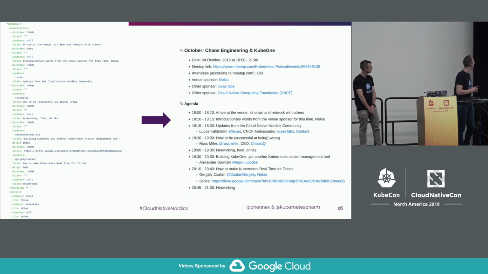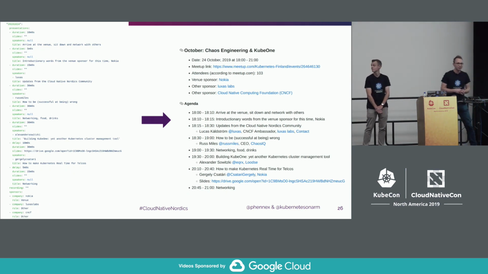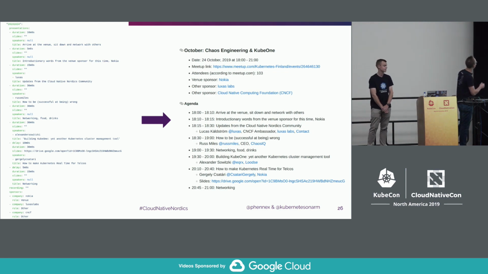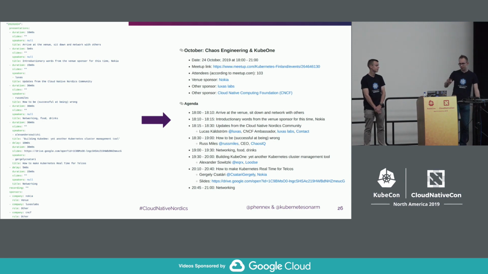So what does it look like? Well, it's a bit small in this presentation, but this is from a meetup, the one with the roadshow, the 24th of October in Helsinki, and here's the information that I checked in for that.